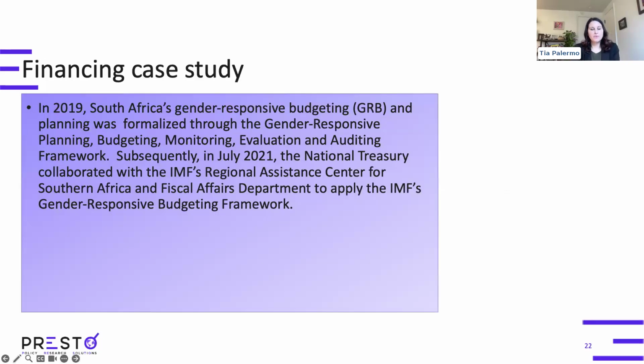In a case study for financing in 2019, South Africa's gender responsive budgeting was formalized through the Gender Responsive Planning, Budgeting, Monitoring, Evaluation, and Auditing Framework. Then in July of 2021, the National Treasury collaborated with IMF to apply the IMF's Gender Responsive Budgeting Framework.